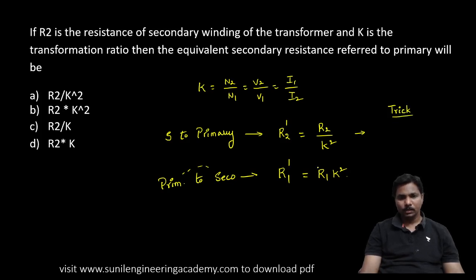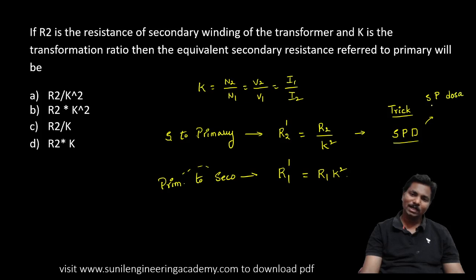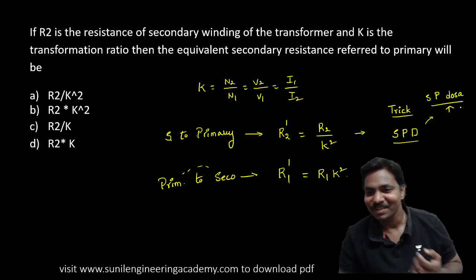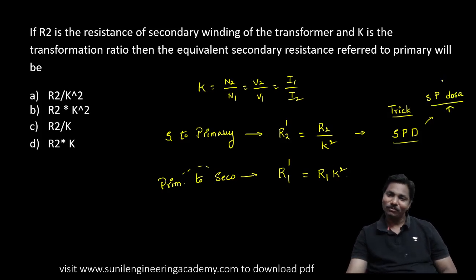Secondary to primary is divided by K square. So secondary to primary divided by K square, SPD, simply remember as SP dosa, special dosa. If you want, you can eat. And you can also send to me. So SP dosa, secondary to primary division.